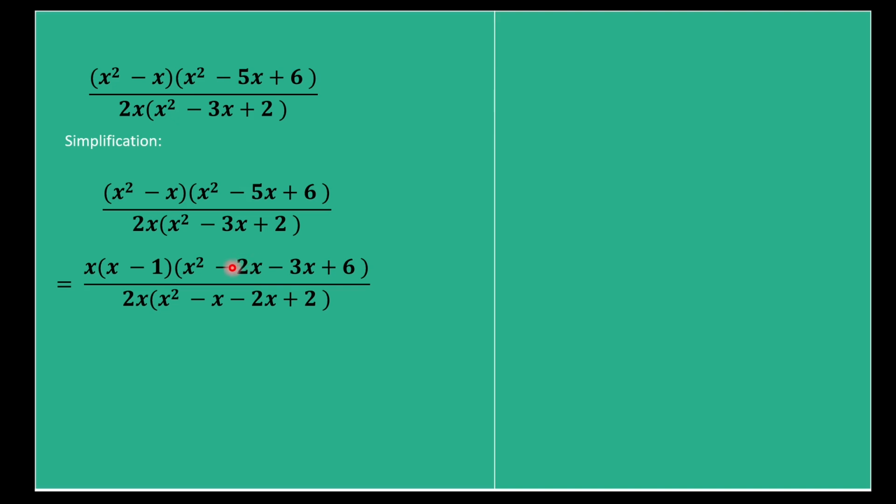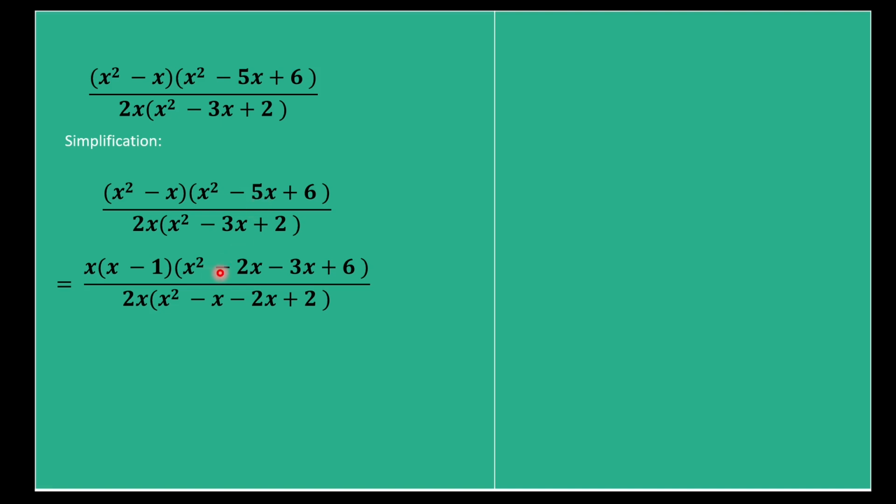Please remember that the product of these two terms must be equal to the product of the first and last terms, that is, 6x². So minus 2x multiplied by minus 3x is equal to 6x². This is true, and if we add these two terms, it becomes −5x.